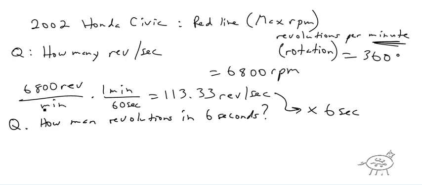The minutes cancel, and since it's revolutions per second, the seconds cancel, and I just get revolutions. So I multiply that out, and I get 680 revolutions. That's how many revolutions in just 6 seconds, which is a lot. All right, and the last question here is going to be how many degrees?